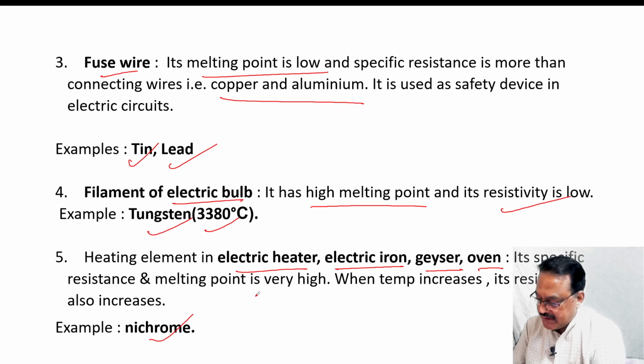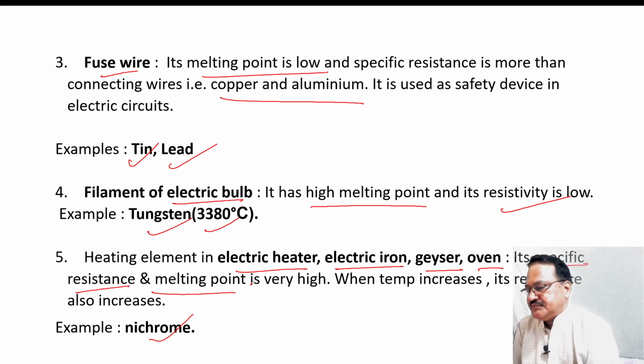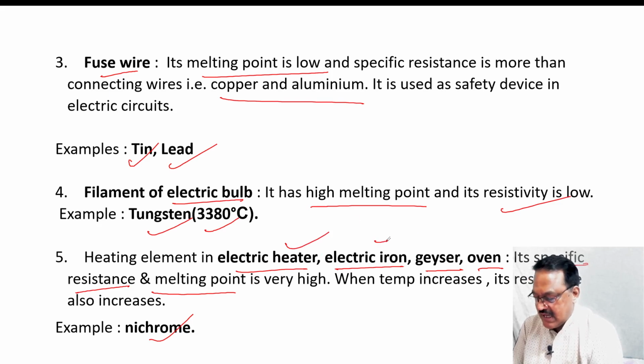Because its specific resistance and melting point are both very high, and this is required in these appliances: electric heater, iron, geyser and oven. When temperature is increased, its resistance also increases. So this is the property of nichrome. That's why it is used for these appliances.